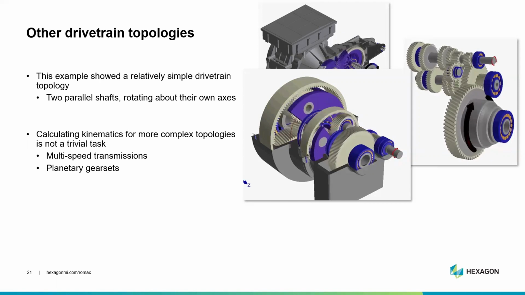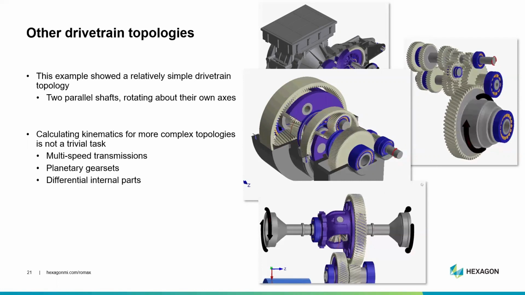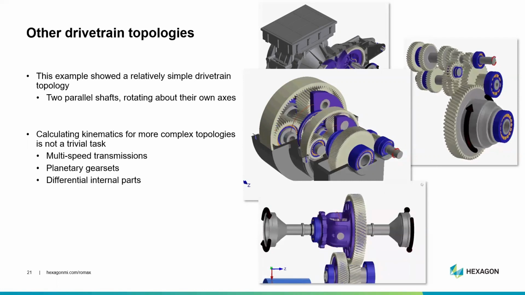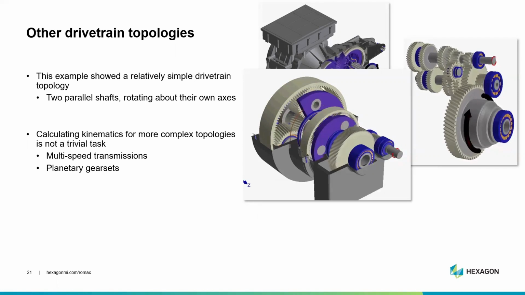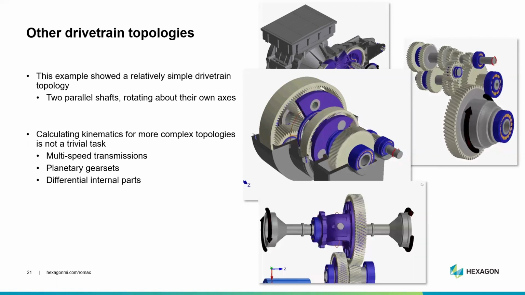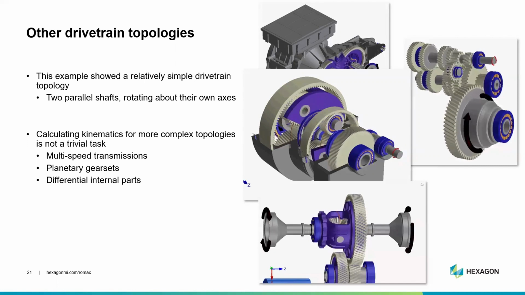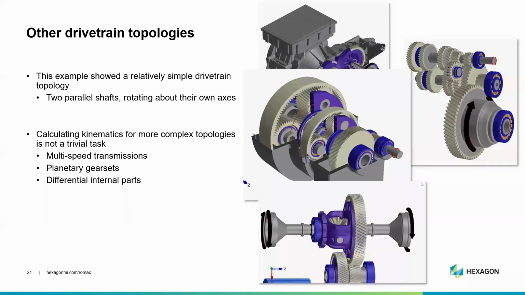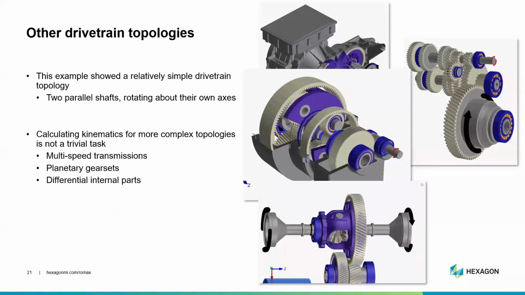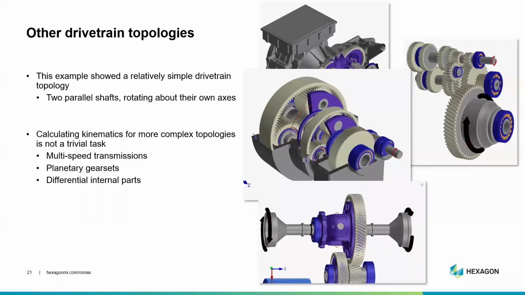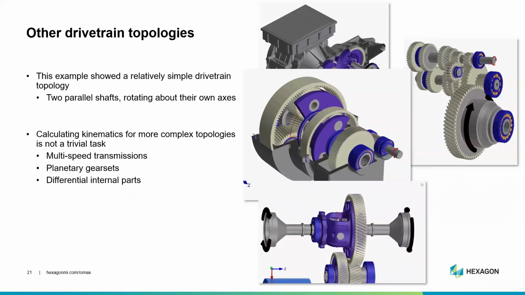So there are a lot of different speeds and coordinate systems that have to be defined. Typical uses of a planetary gear set are a wind turbine gearbox, an automotive automatic transmission, or differential internal parts, where the differential gears are orbiting about a different axis to the one they're rotating about.